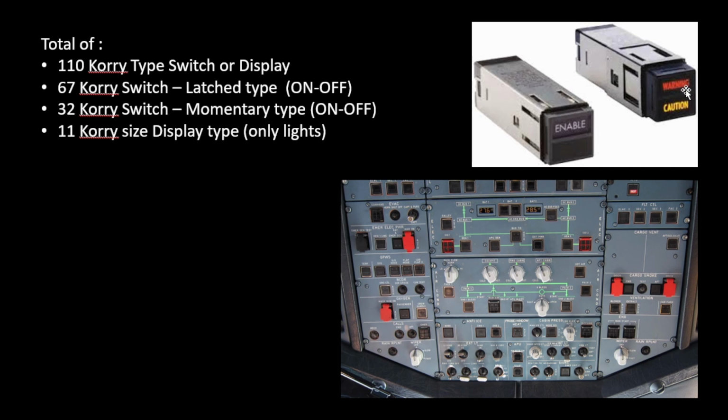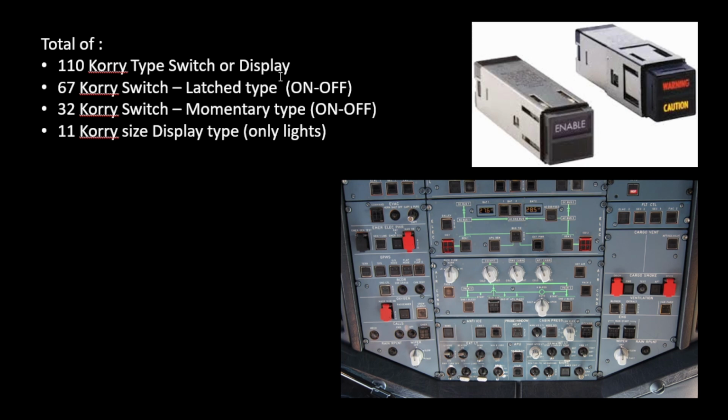This is very famous, as you can see here in the overhead of the A320. There are a lot of Corey switches being used, at least 110 that I count, Corey-type push switches or displays overall in the cockpit. In the overhead especially there are a lot of them, almost 70.